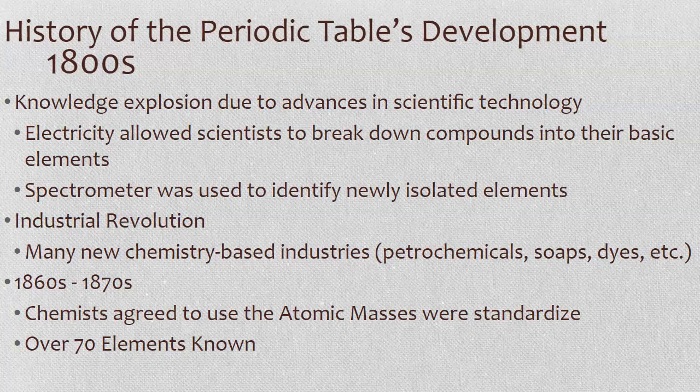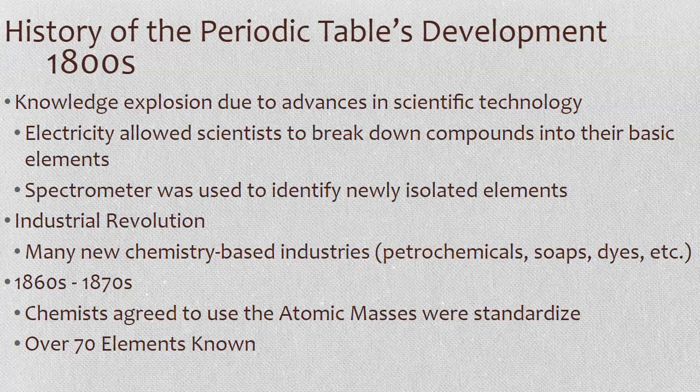The advantage of electricity is that it allowed the energy required to break down compounds into their basic elements, because you just don't walk around the earth and go, oh look, here's a chunk of sodium, and then you're able to look at the chunk of sodium. Or, oh look, here is some random chlorine floating around.